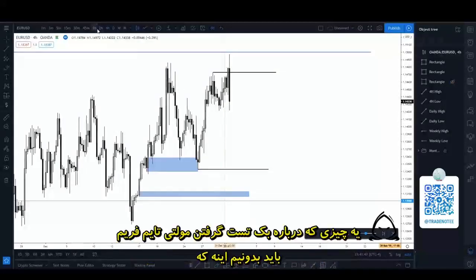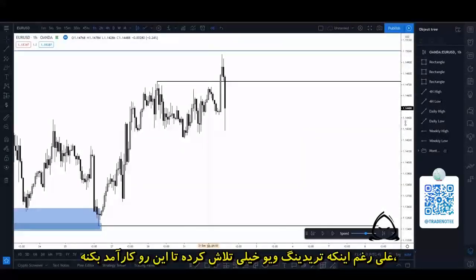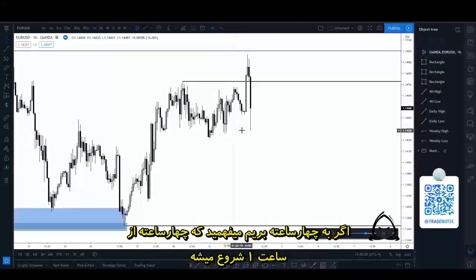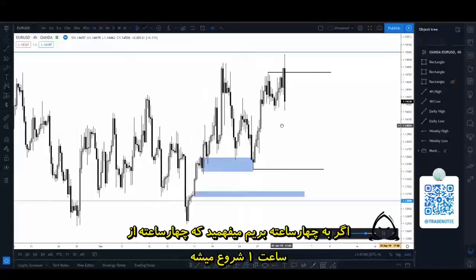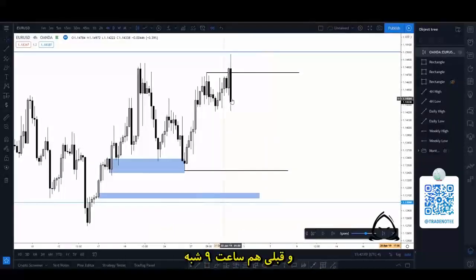One thing to note about doing multi-time frame backtesting, although TradingView has done a lot of work in making it more efficient, being able to drop down timeframes without breaking the bar replay, is that if I drop to the 4 hour, we can see that the 4 hour starts at 1 Eastern and the previous one is 9.